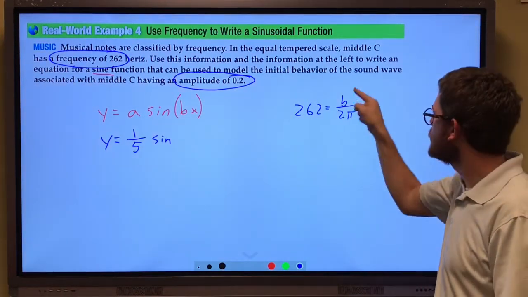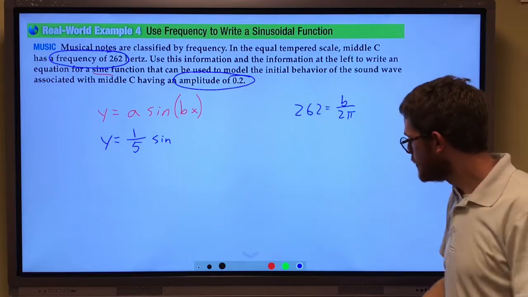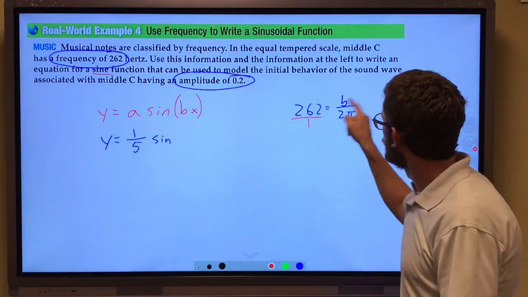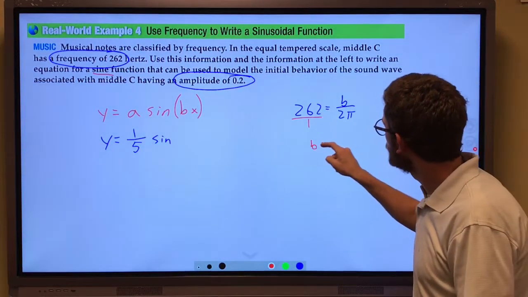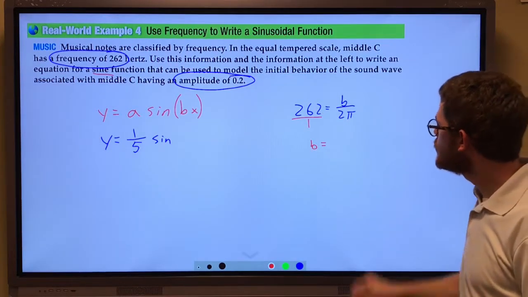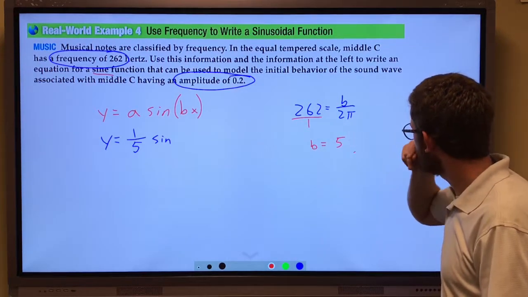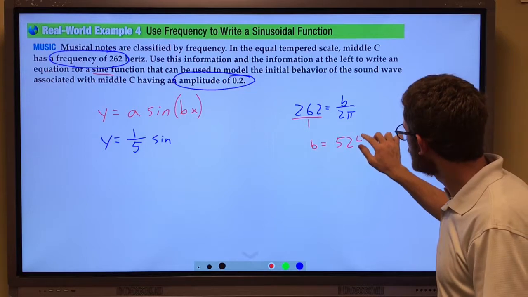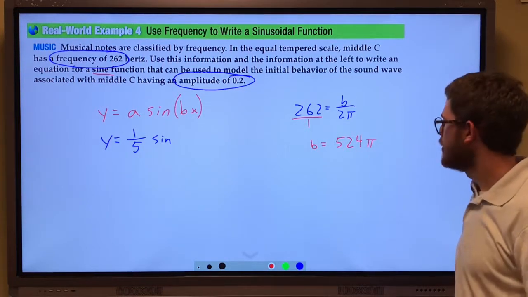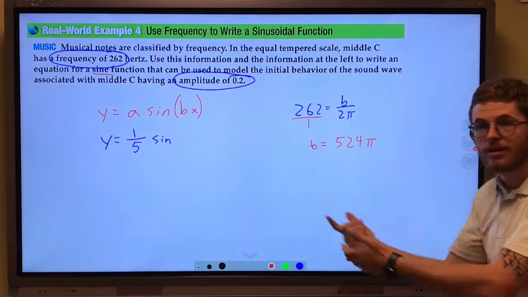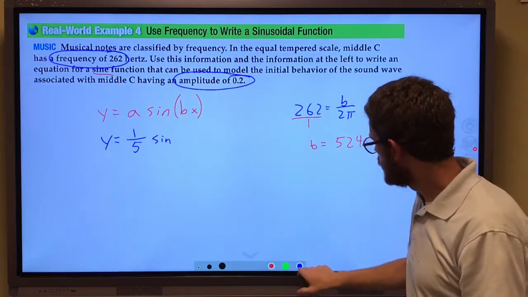The frequency is the reciprocal of the period. We'll put that over 1, do some simple cross multiplying. b equals 2 times 262, which is 524 pi.